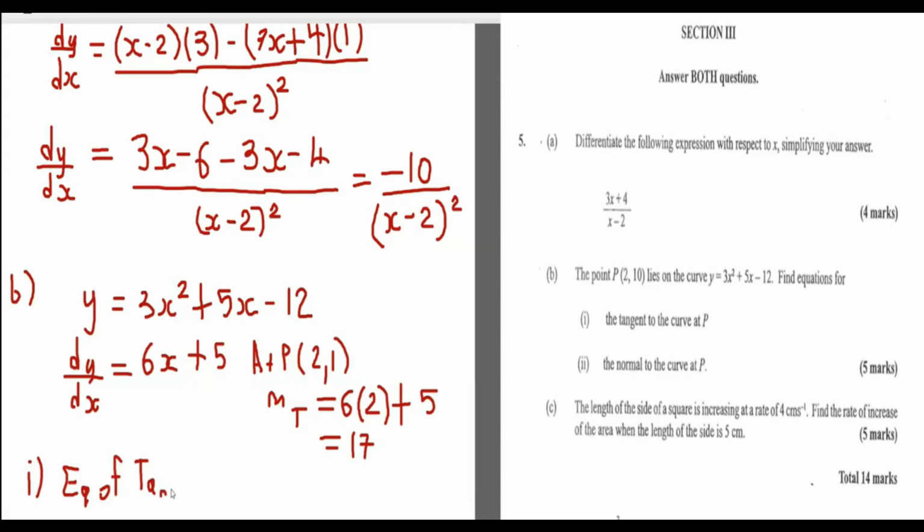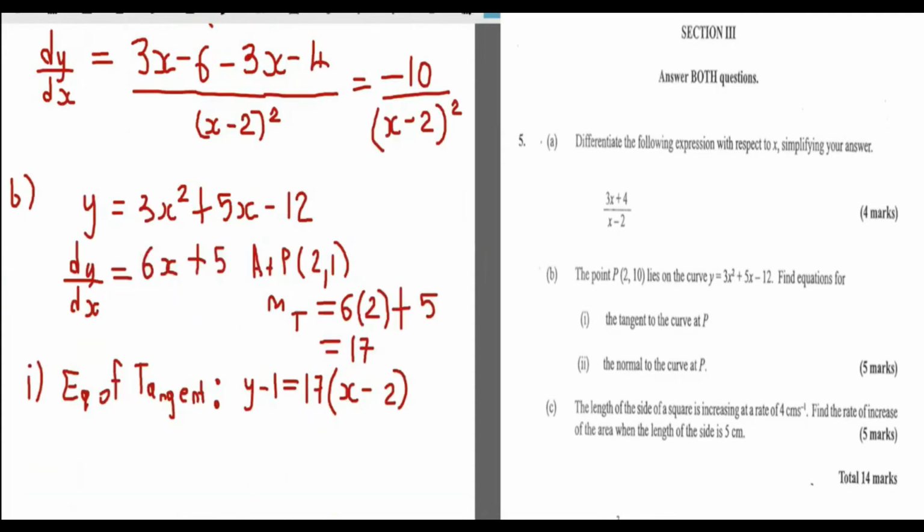The equation of the tangent is given by y minus yp, so y minus the y value at P, which is 1, equal to the gradient of the tangent, which is 17, times x minus xp, which is x minus 2. That's how we find the equation of the tangent.